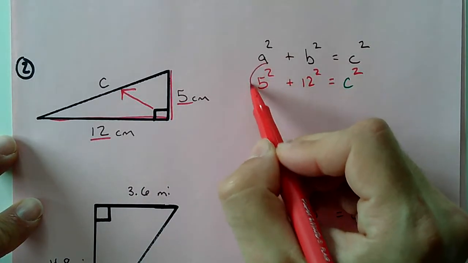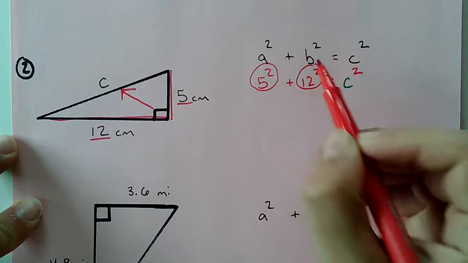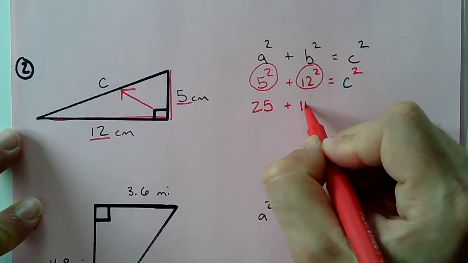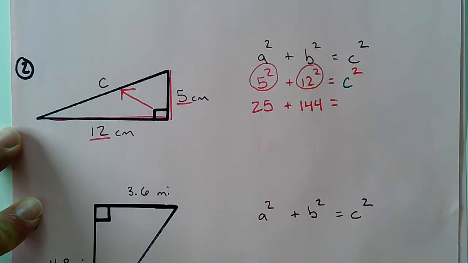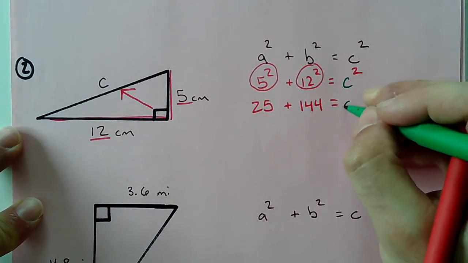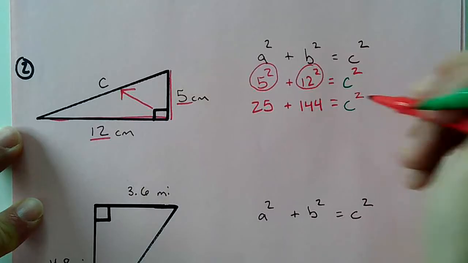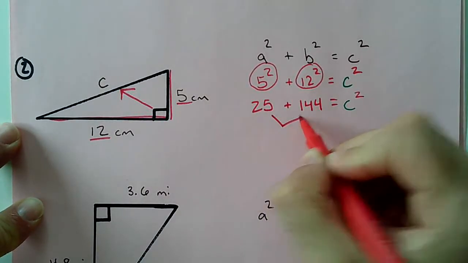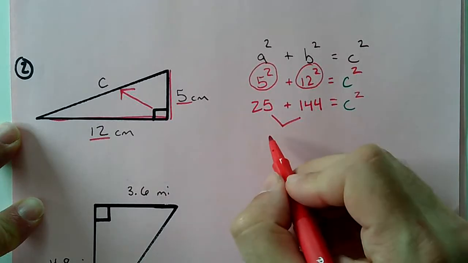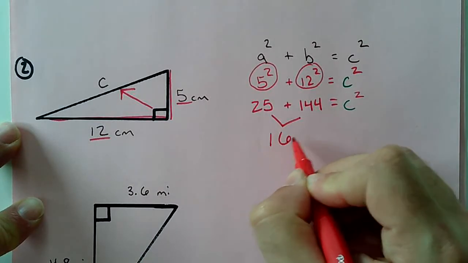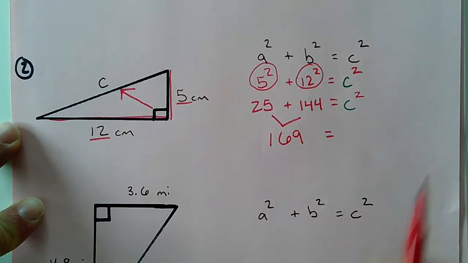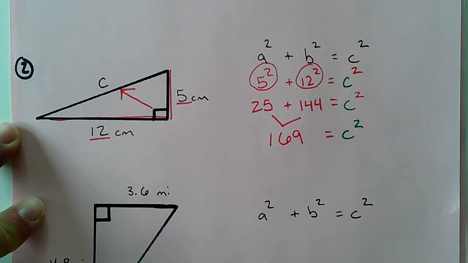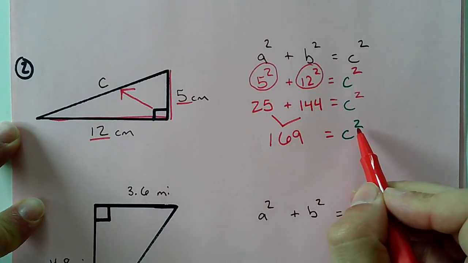So I'm going to find out what that equals, find out what that equals. So this is 25. This is 144. Still don't know C squared, so I'm going to leave it C squared. I'm going to add these together. That's going to give me 169 equals C squared.